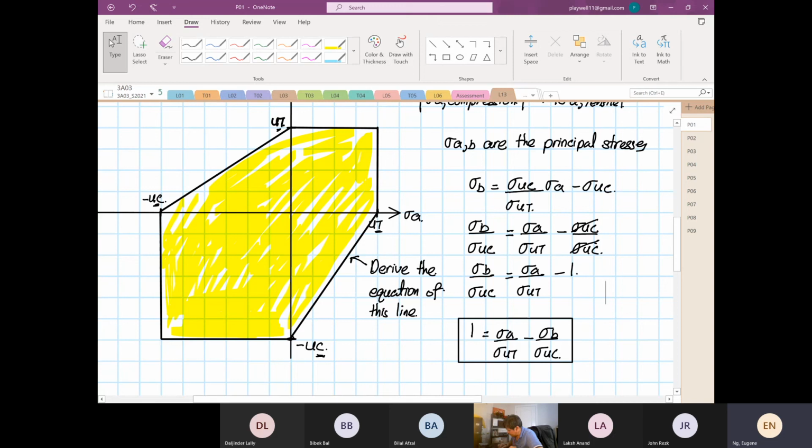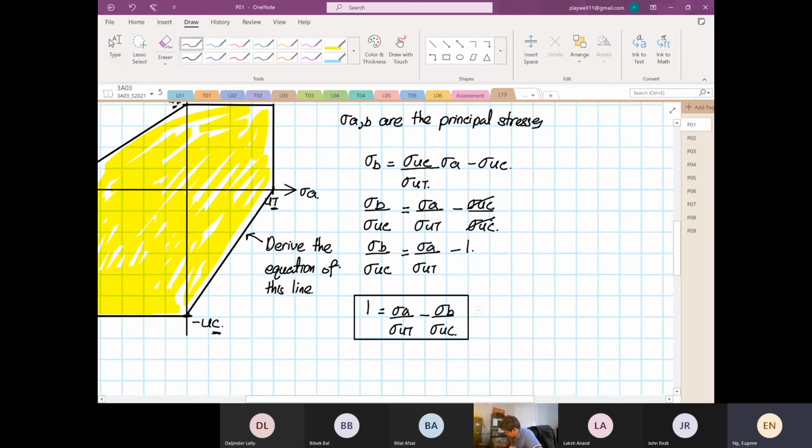Okay, so equation 1 is known as Mohr's criteria. Right. And note that stress A and B are principal stresses, and I highlight stresses are vectors. Okay, so they are positive and negative.